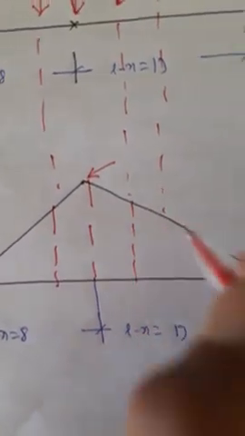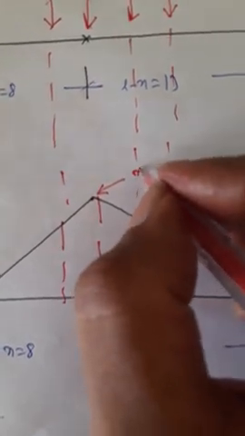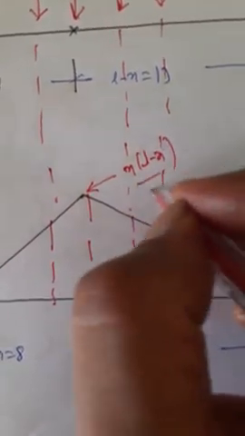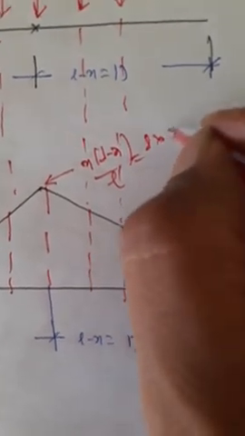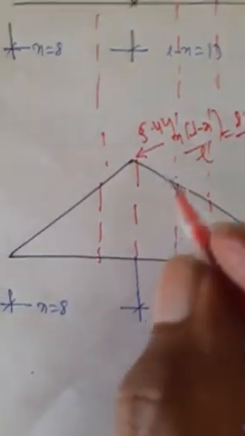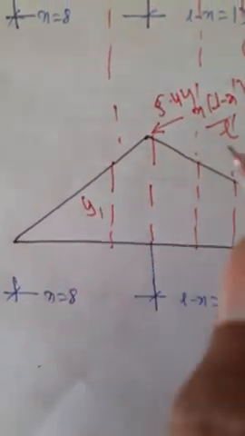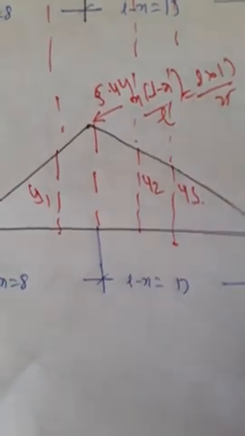Now this ordinate is given by x into L minus x by L. So x is 8, L minus x is 17, so 8 into 17 by 25. So this is given by the value 5.44. Let this ordinate be y1, this ordinate is y2, this ordinate is y3.